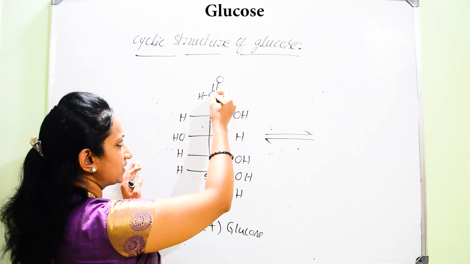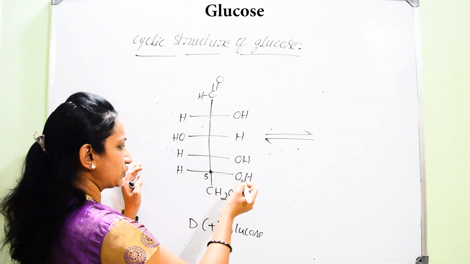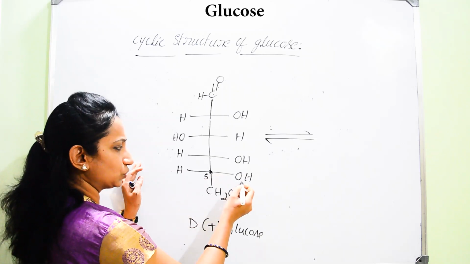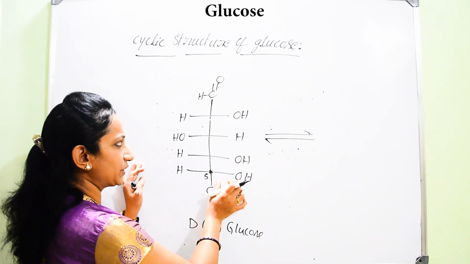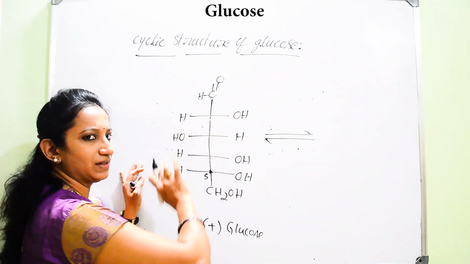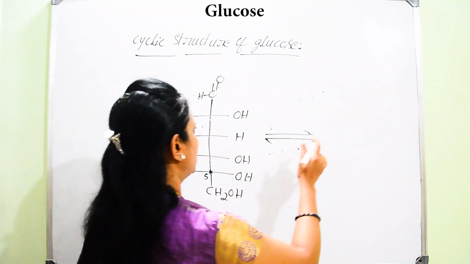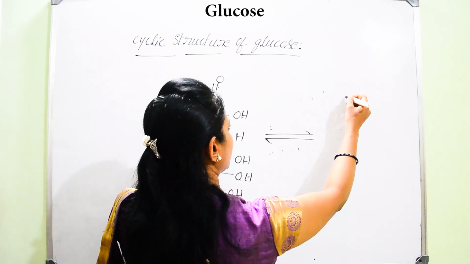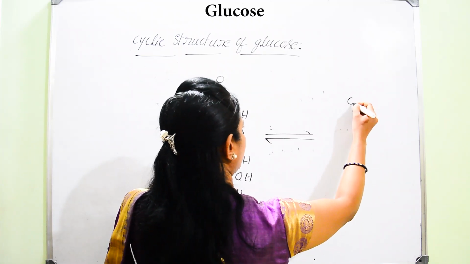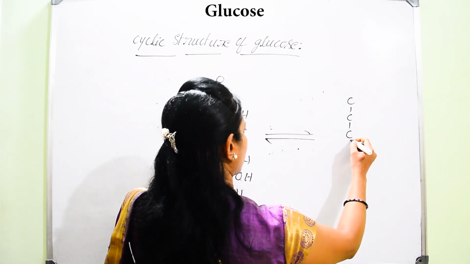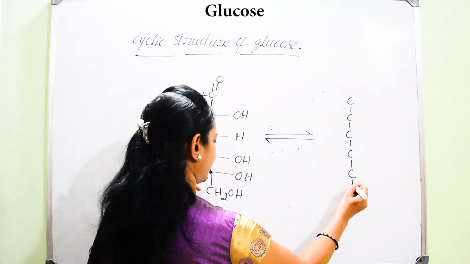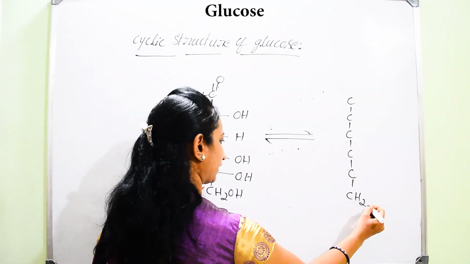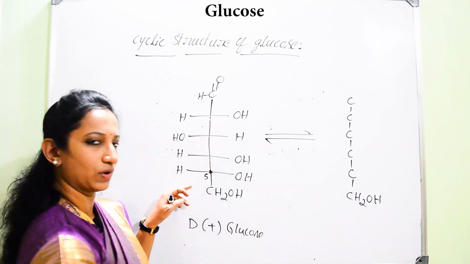Then the first carbon atom links to the fifth carbon atom through this oxygen atom. This results in the formation of a hemiacetal cyclic ring structure. So now I can write it here. Totally I have written 5 carbon atoms, and at the terminal position I write CH2OH.